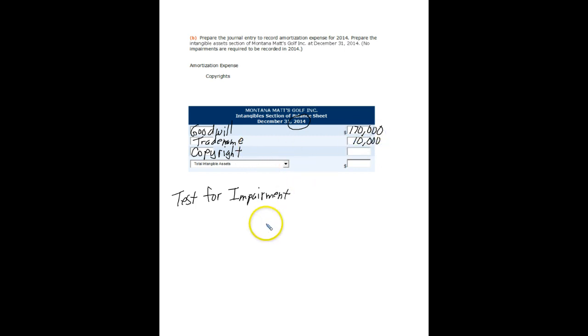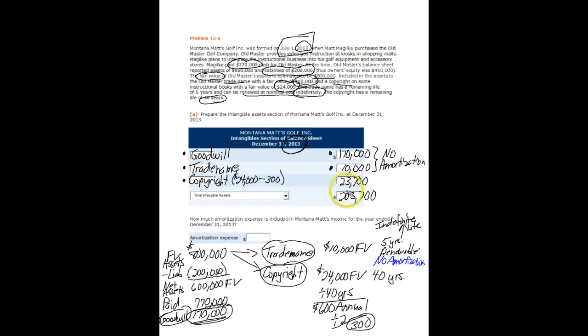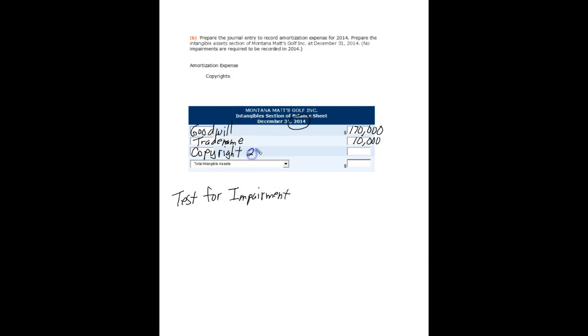Now the copyright, recall, we were down to $23,700. Amortization is $600 annually. So we're going to take the old book value, $23,700. We would have amortized $600, right? Debit amortization expense, credit the copyright, and that would take that balance down to $23,100.